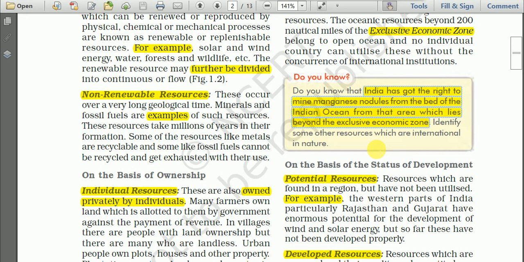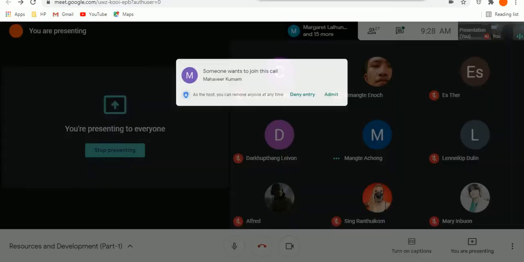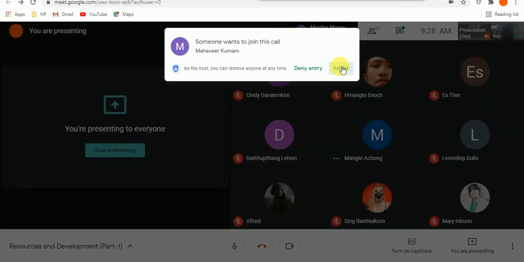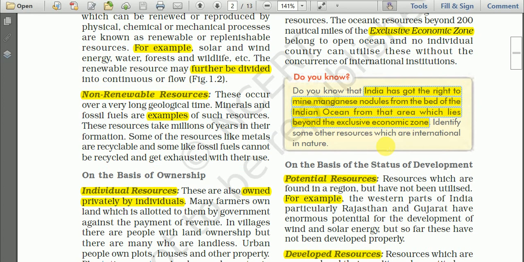Remember, if a country wants to exploit it, the country needs permission, an agreement, from international institutions like the United Nations organization.